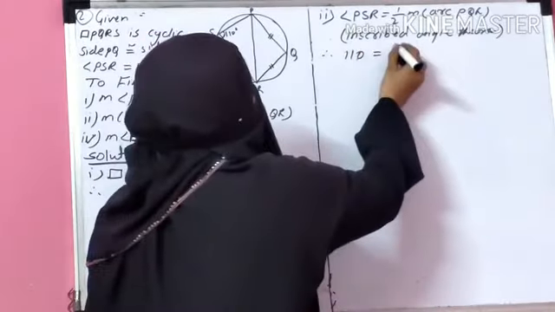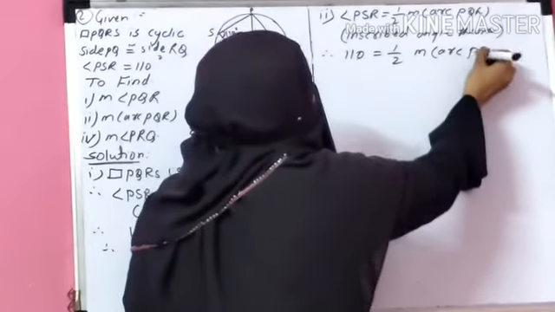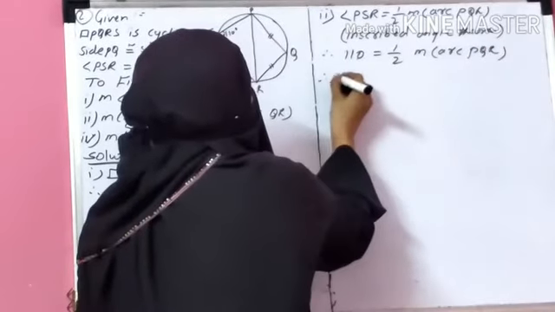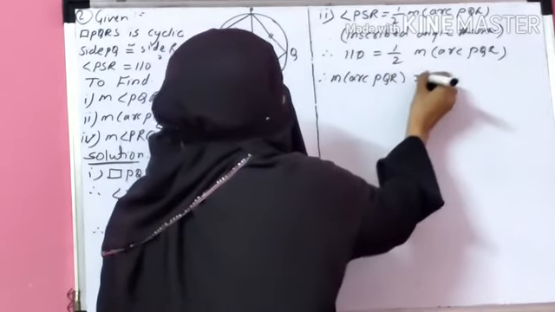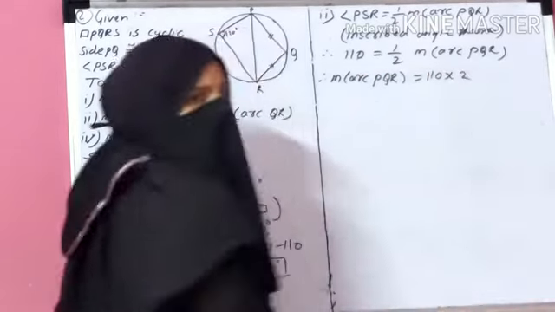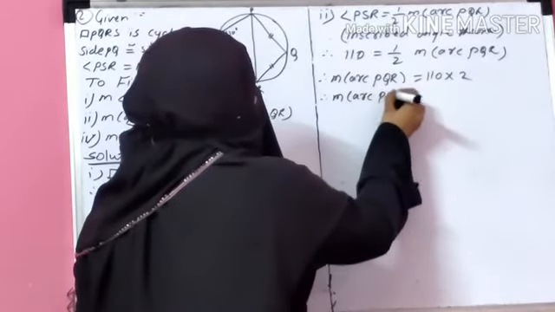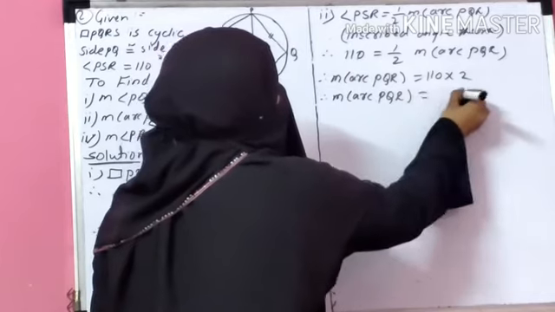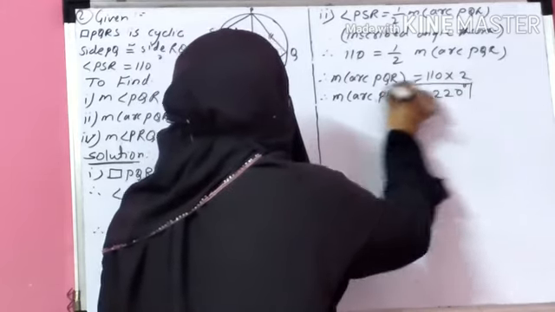So 110 is equal to half of the measure of arc PQR. Therefore the measure of arc PQR is equal to 110 multiplied by 2, which is 220 degrees.